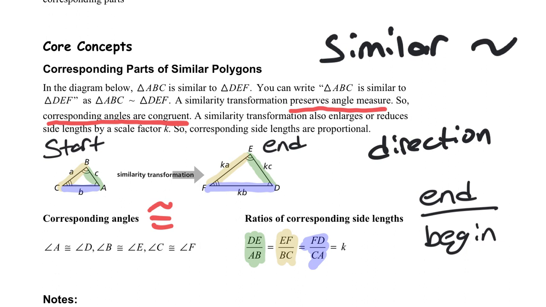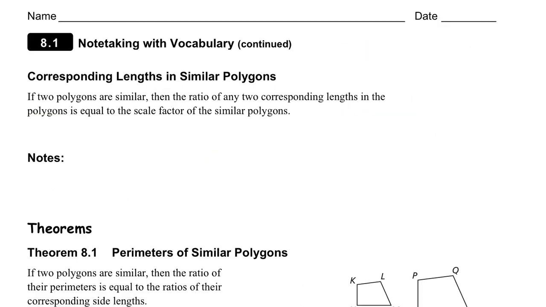All right, let's go to the next page. There we go. All right, corresponding lengths in similar polygons. It says if two polygons are similar, then the ratio of any two corresponding lengths in the polygon is equal to the scale factor of the similar polygons.